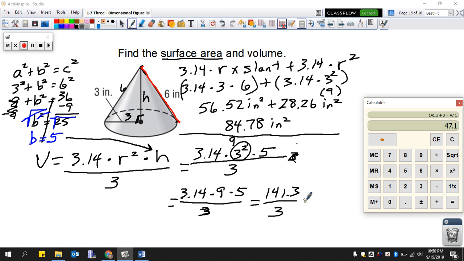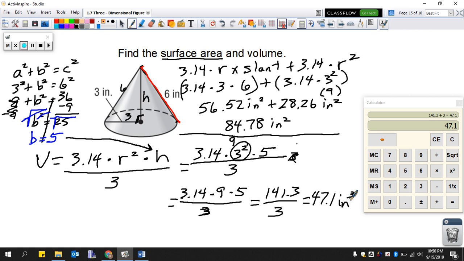And we end up with a volume of 47.1 cubic, remember because volume is cubic inches.